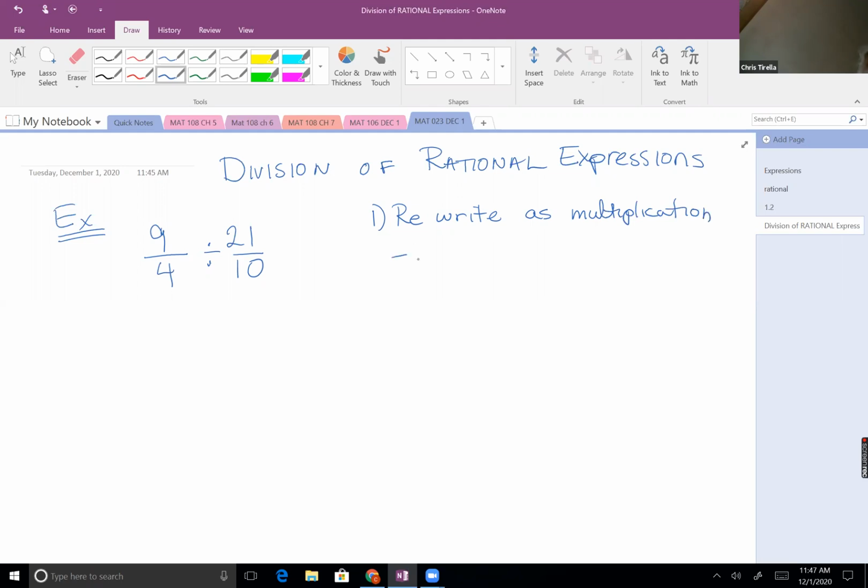In order to do that, you keep the first fraction the same. That'll stay 9/4. You change the division to multiplication.